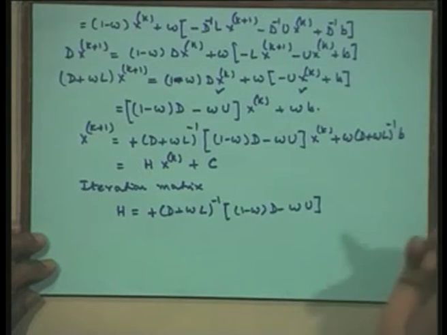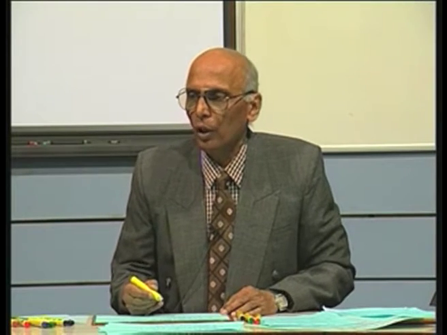If the method is to converge, then the eigenvalues of this matrix have to be strictly less than 1 in magnitude. This we are going to prove in our later lectures.